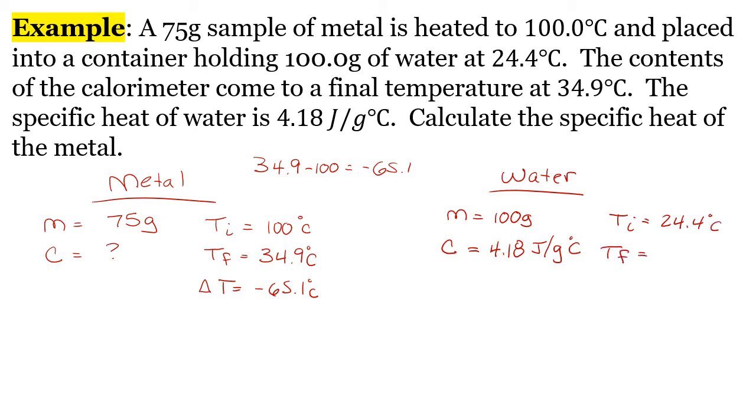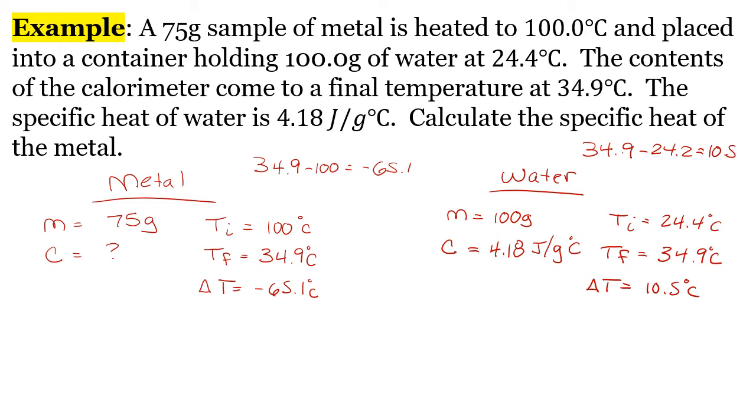The ending temperature of our water is 34.9 degrees Celsius. So just like before, our final temperature, 34.9 minus 24.4, equals 10.5. So our delta T here is 10.5 degrees Celsius.